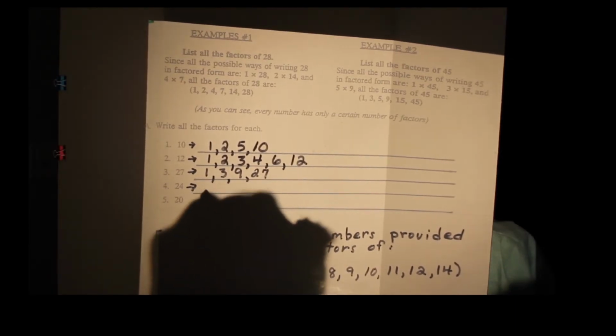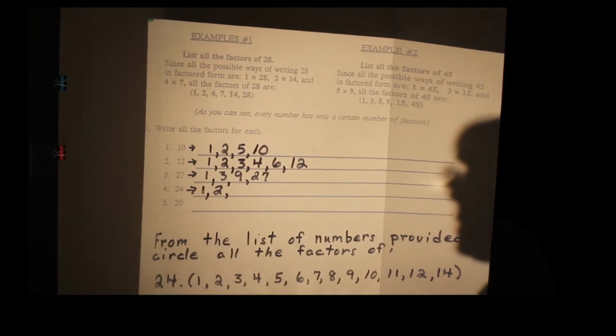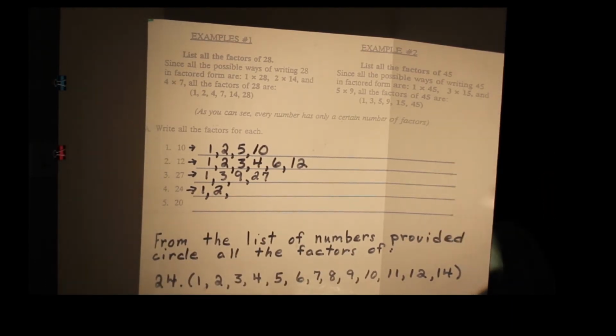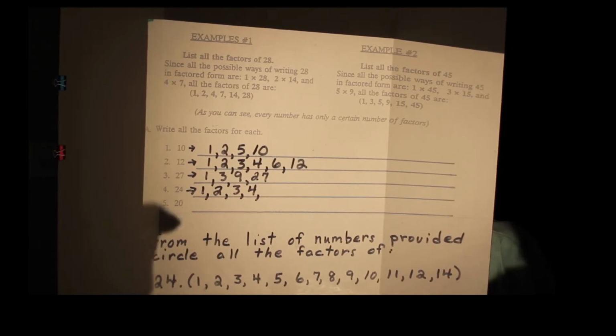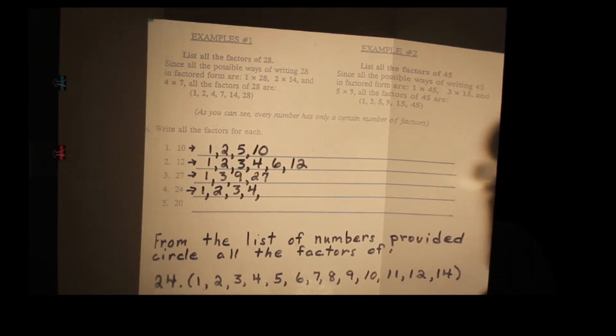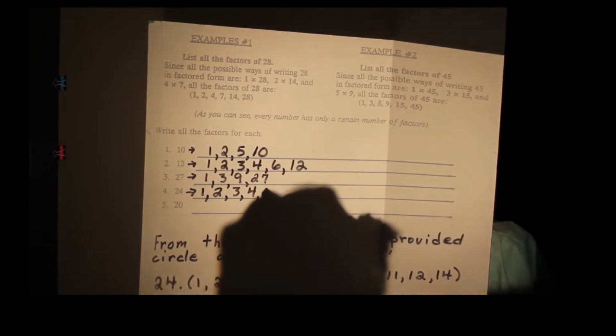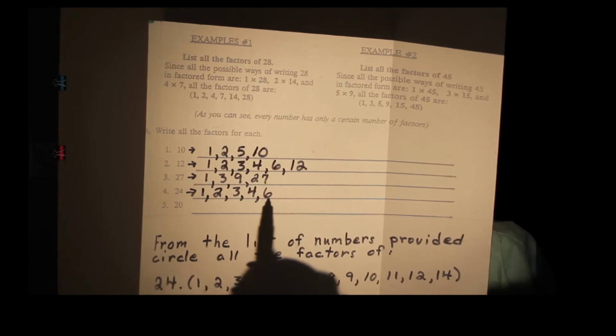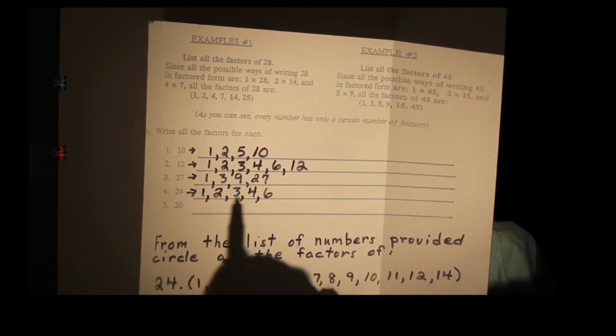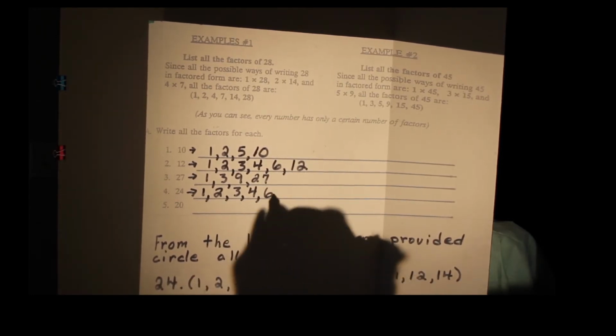24. 1, it's an even number, so 2 will definitely go into it. And this is why we did rules of divisibility first. 3 will go into it. 4 will. It doesn't end in a 5 or a 0, so 5 won't work. 6 will work. 4 times 6 is 24. 3 times 8 is 24. 7 won't work.